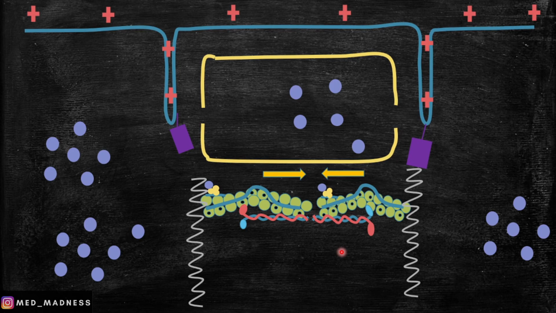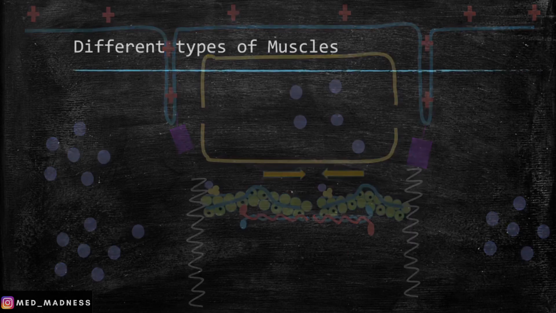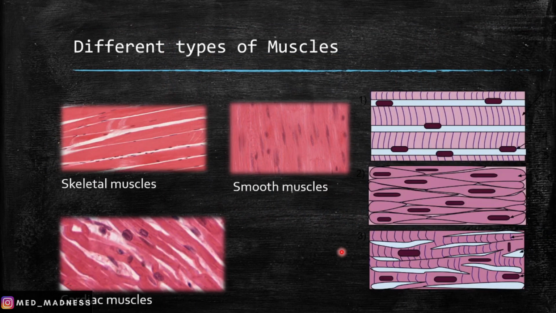Now you have to know about some important differences between the three types of muscles. There are three types of muscles: skeletal muscles, smooth muscles, and cardiac muscles. First, see these pictures. You can see some striations here, and you can also see some striations here.